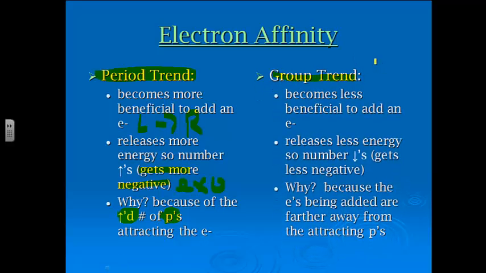Now for the group trend, as we go down the group, it becomes less beneficial to add an electron, so it releases less energy. This whole idea of releasing energy is the fact that atoms want to have the lowest energy possible. So if it's less beneficial, it's not going to lower it as much. And when we say the number decreases, it's going to get less negative, and that's simply, again, because the electrons being added are further away from those protons.